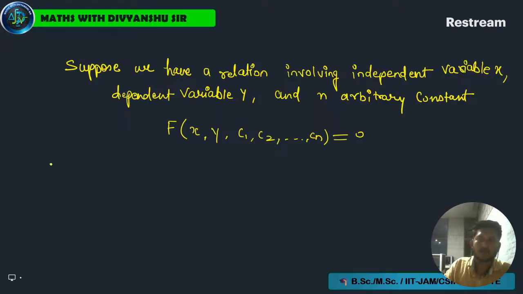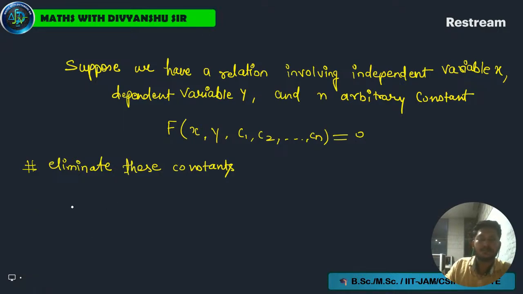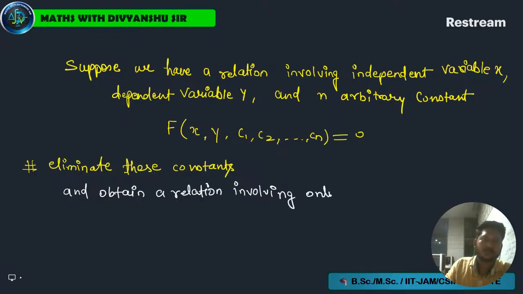First, our goal is to eliminate this constant, and obtain a relation involving only x, y, and the derivative of y with respect to x.